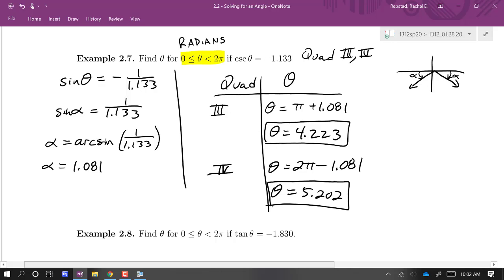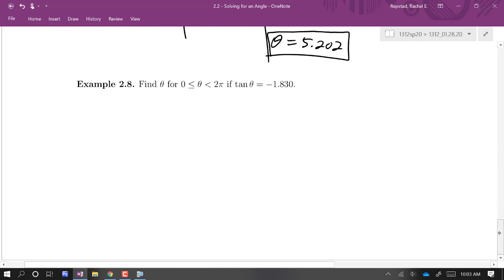How's that? Not too bad. Okay, well then, let's do another one.